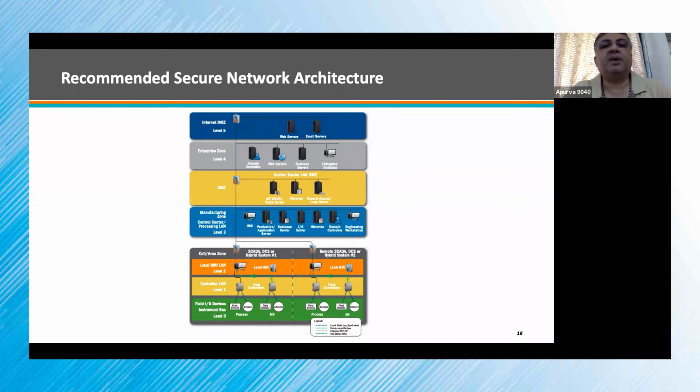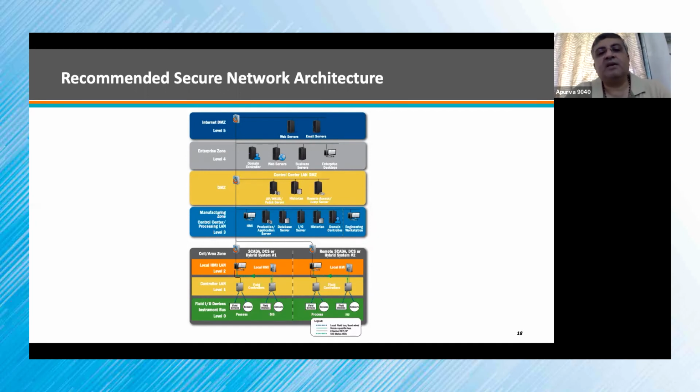This is your IT part of it. You have the domain controller and business servers and all that. Then you come to your control center, where you will have your historian, and a remote access jump server and all that, which is your DMZ part of it. Finally, you come to your manufacturing zone.